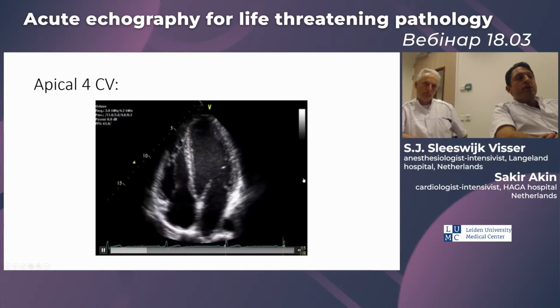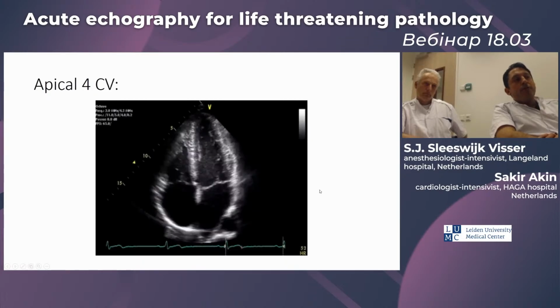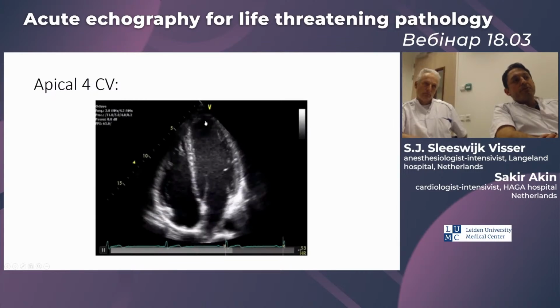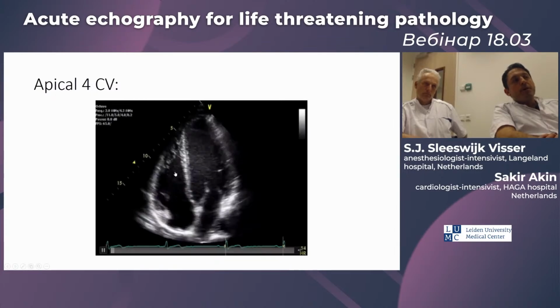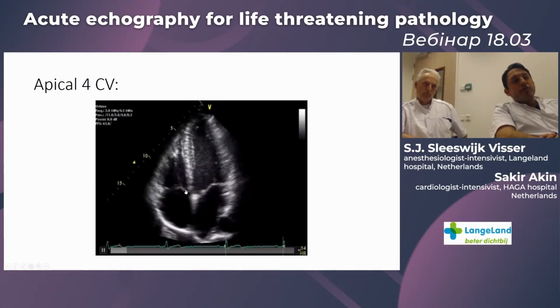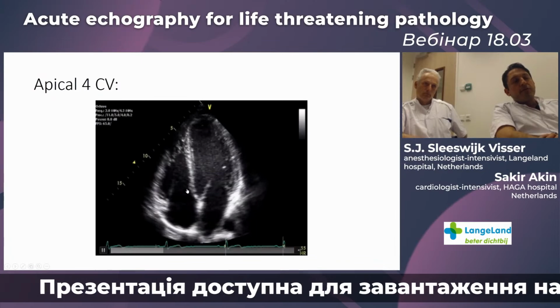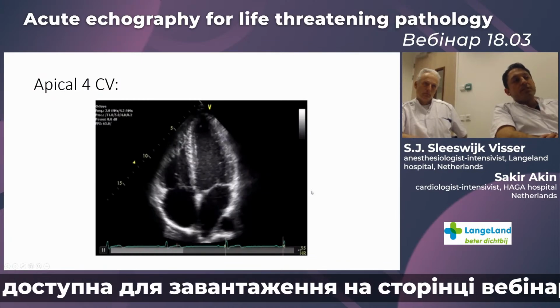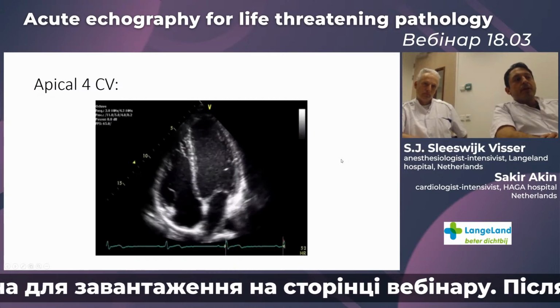In this window, you have a good example of the 4-chamber view, showing the left ventricle directly below your probe, and the right ventricle with its dimensions and the ratio of a slim right ventricle and a bigger, 2 times bigger left ventricle, which is normal, which is physiological.